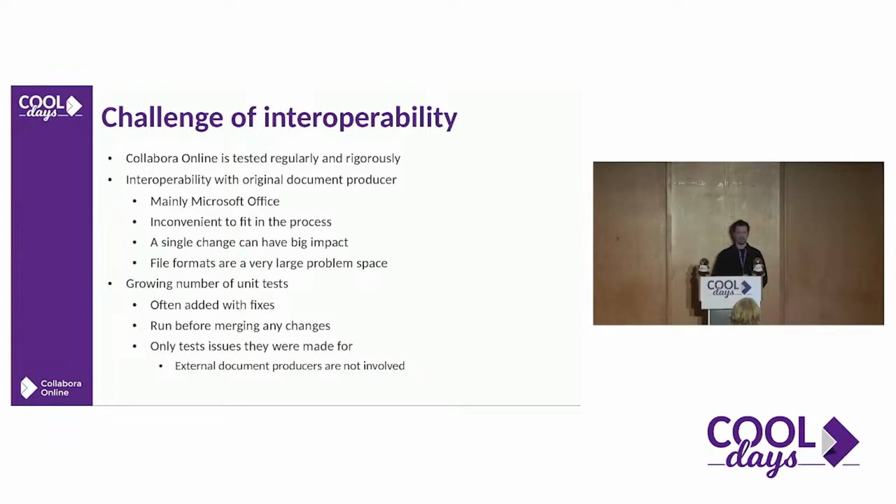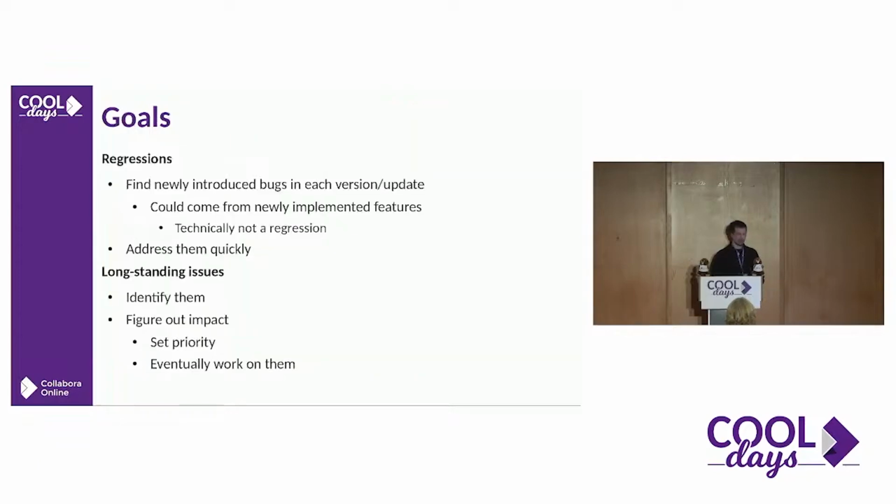It doesn't involve the other software in this case, and they can only test what is programmed there. But they are run before merging any changes, and thus keep at least those features stable.